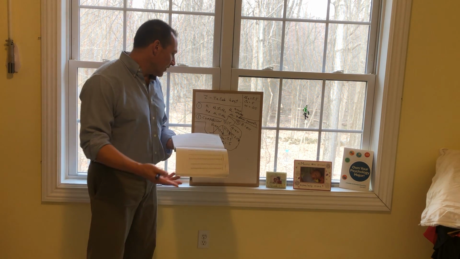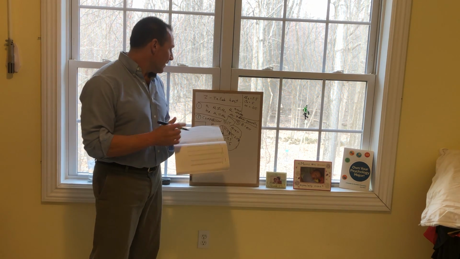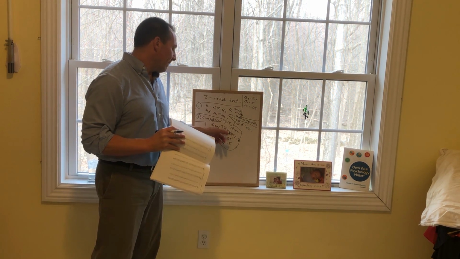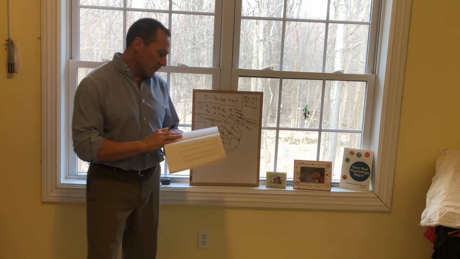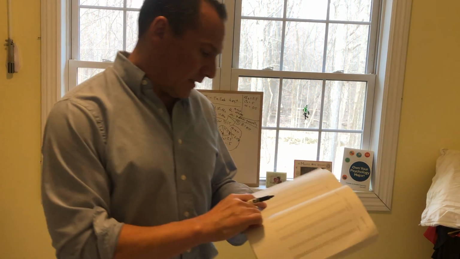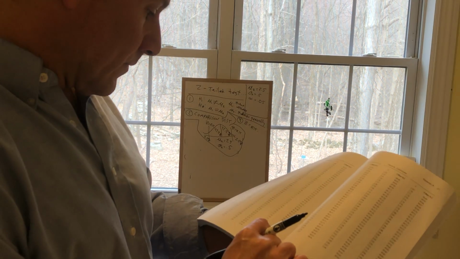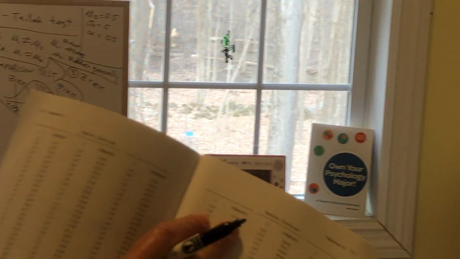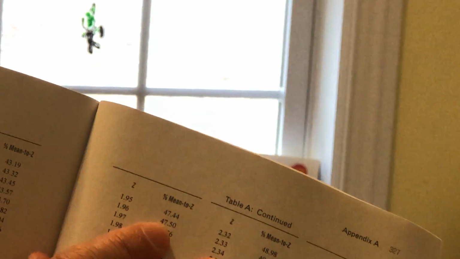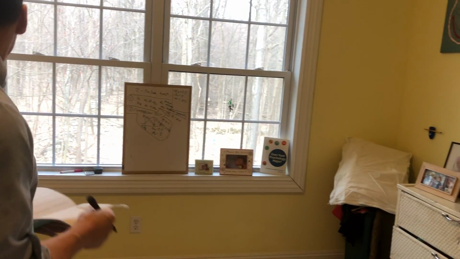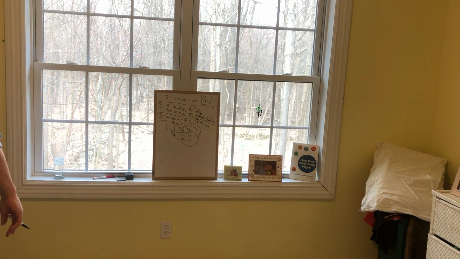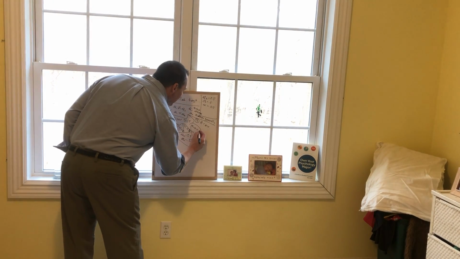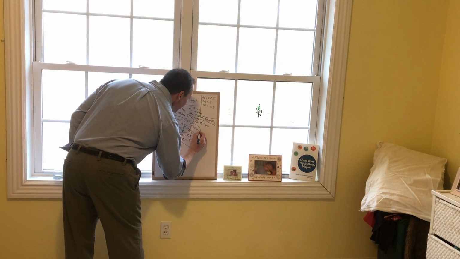In this case, the z criticals, and there's two of them. So I'm looking up percent mean to z of 47.5, and it looks like I'm going to go on to page 327. Here it is, kids. Do you see that right there? 47.5%, and that corresponds to a z of 1.96. So my z critical over here is 1.96.